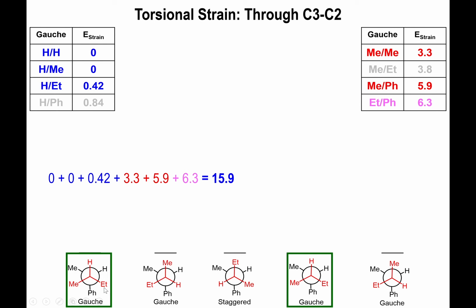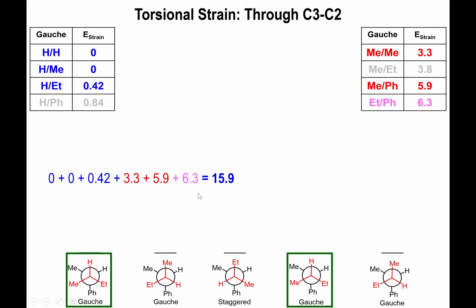We also have methyl on methyl, which is a total of 3.3. We also have the ethyl on hydrogen, which is the 0.42, already talked about that. We have ethyl on phenyl, which is a total of 6.3, so that's right here. And we have the methyl on phenyl, which is worth 5.9. So these are all the values right here.